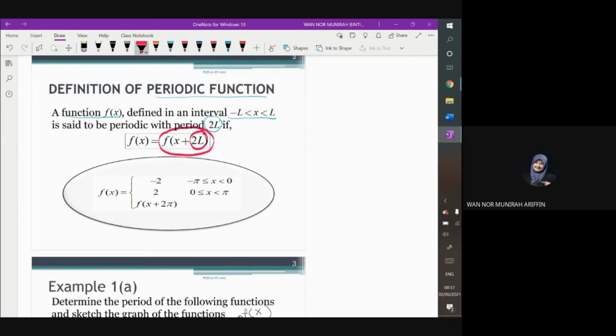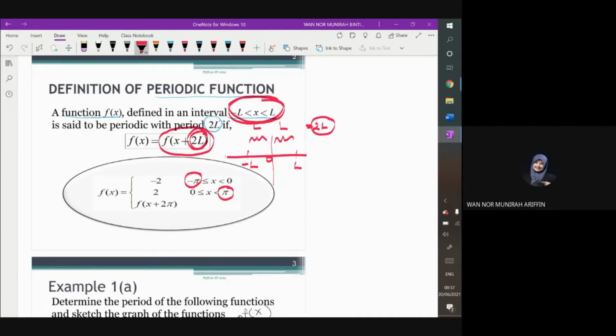So if we define the function from negative L to L, then your period is 2L. For example, if the function is from negative pi to pi. Let's take a look at this one, from negative L to L. From negative L to 0, the distance is L, and from 0 to L you have another distance L. So L plus L equals 2L.